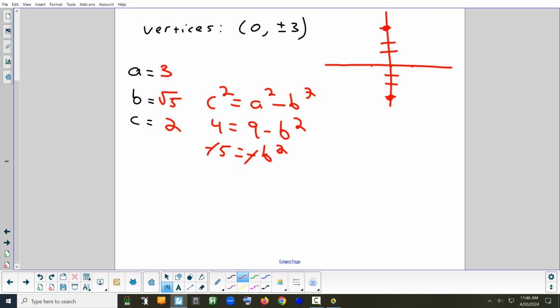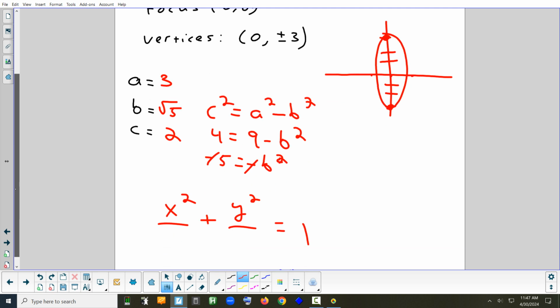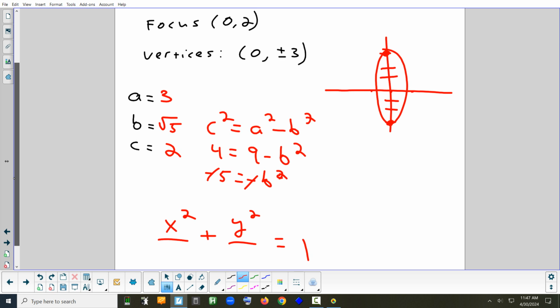Okay, what letter always comes first in the numerator? Yeah, x squared. For today. Okay, we got to get used to that one not being first tomorrow. But yeah, x squared, what letter always comes second? Y squared, and it's always equal to 1. And now to make it vertical, because we can see it is vertical, where is the bigger number going to go?